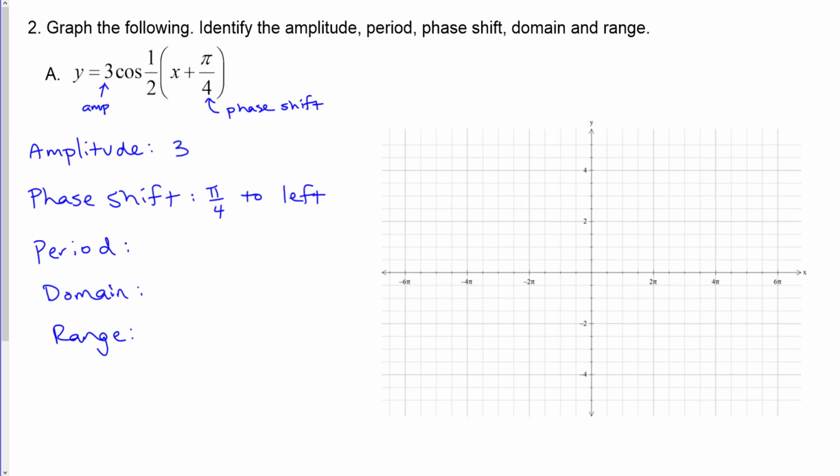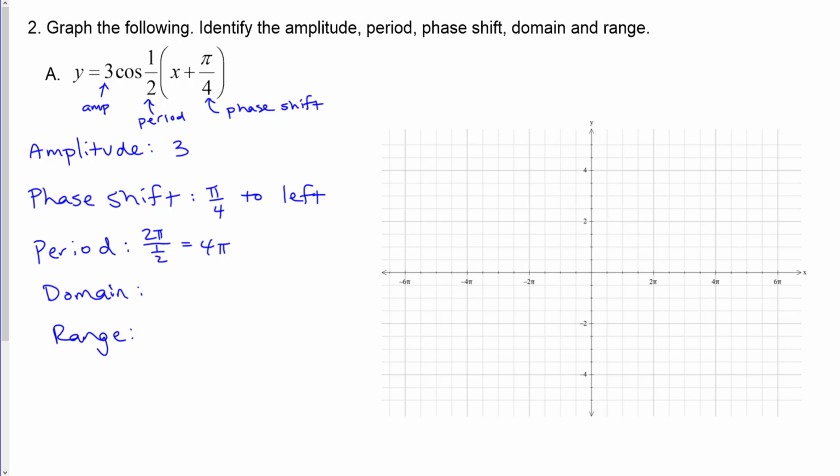Alright, the period comes from this number, except it's 2 pi over that number. So in this case, it becomes 4 pi. Then the domain and range, I'm going to hold off on until I have the graph drawn.